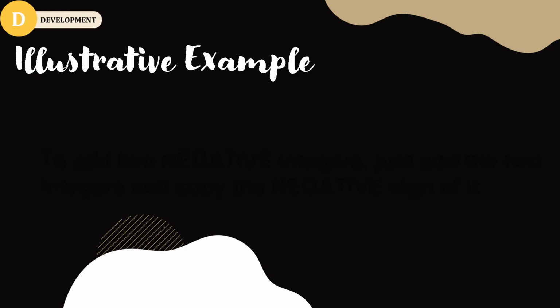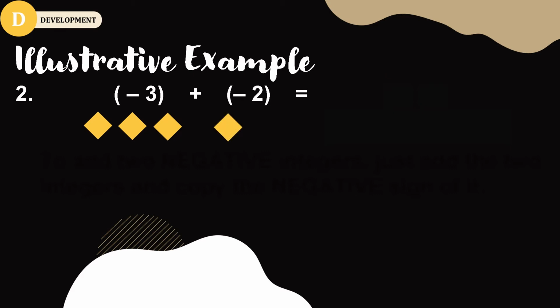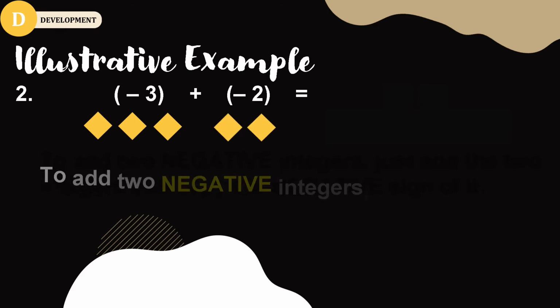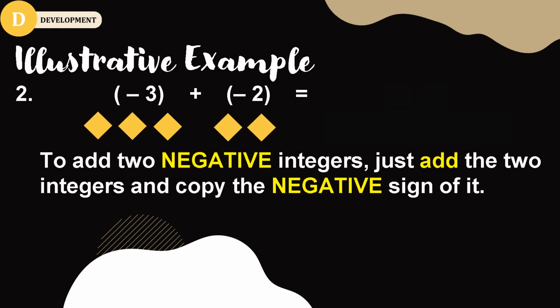Now, what if they are both negative? We have negative 3 plus negative 2. To add two negative integers, just add the two integers and copy the negative sign of it.